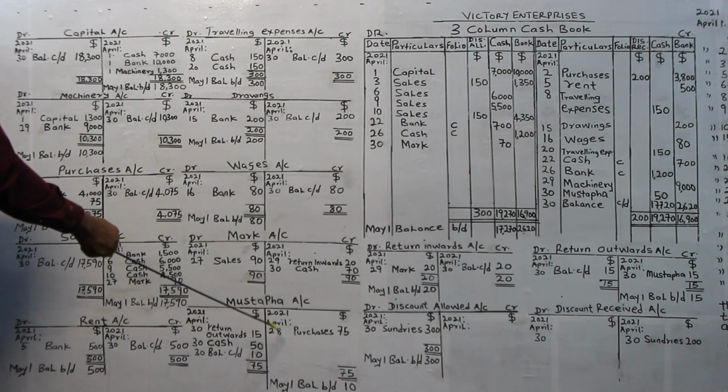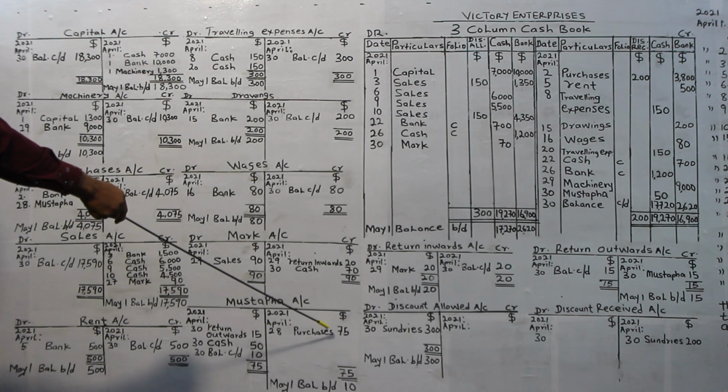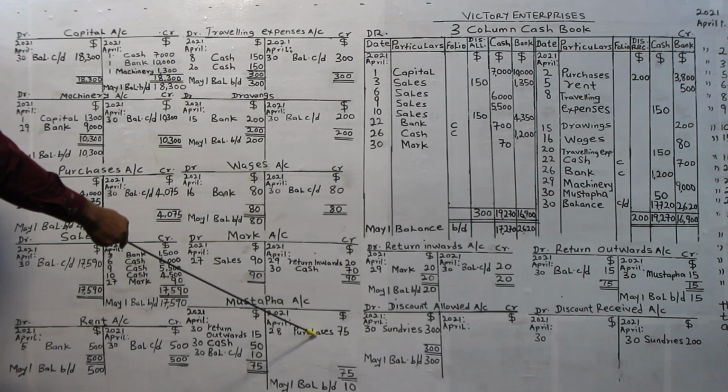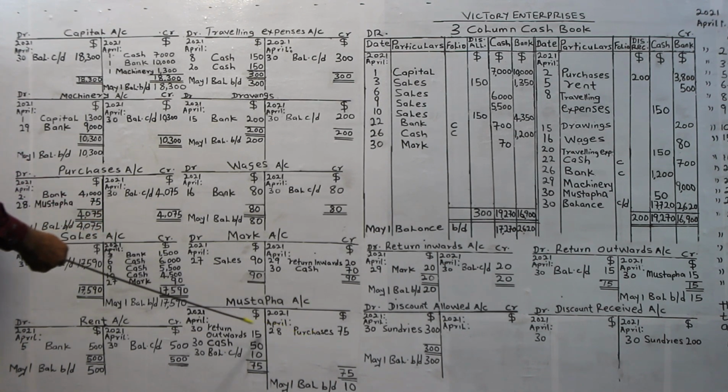Mustafa's account has $75 as the total purchases made from him. From this $75 of goods purchased from Mustafa, there was a return of $15. Cash was paid to Mustafa, $50 on 30th April.